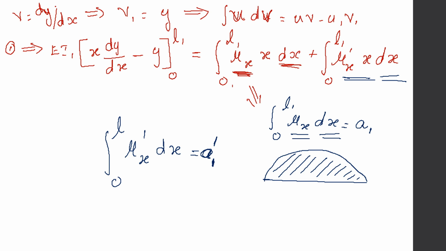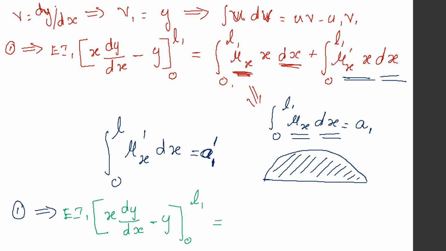So our equation 1 can be written as EI1 into x into dy by dx minus y, the limits are from 0 to L1, is equal to A1 into x1 bar plus A1 dash into x1 bar.